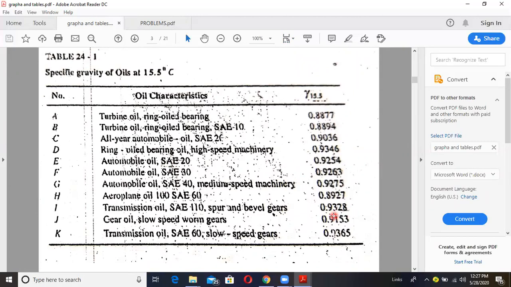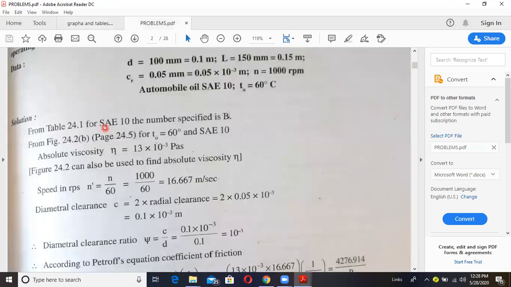Now in the question they have given SAE 10. You can see here in characteristic, in the second row we are having SAE 10. For this SAE 10, we have to note down the number. What is the number there? That is nothing but B. For SAE 10, the number specified is B from the table.